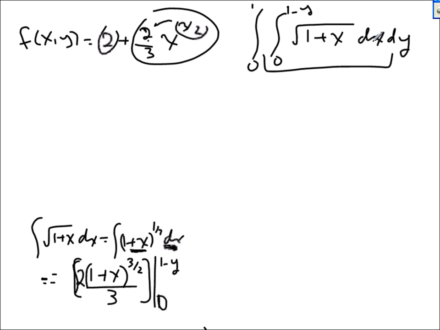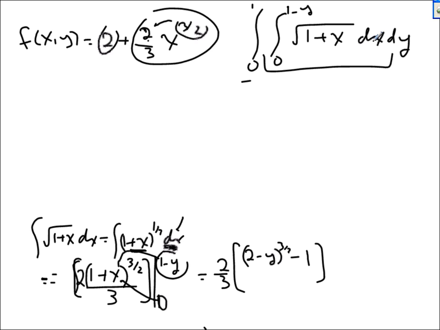Now remember, these are x limits, x. The 2/3 I can factor out. First you plug in that 1 plus 1 minus y is 2 minus y to the 3 halves minus. You plug in 0. 1 plus 0 is 1 to the 3 halves is 1. Okay, so that's what you get.